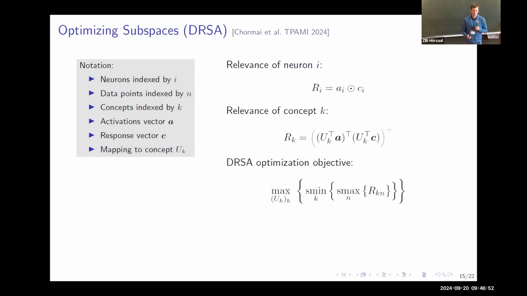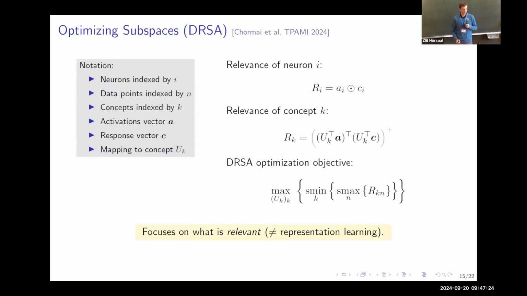So you have this nesting of max and min. The first one serves to try to align the subspace with the tails of the relevance distribution. And the second one will try to balance the load between the different subspaces. And in practice, this S min and S max, we choose them to be some generalized means, one which is essentially the L2 norm, and the other one being the L0.5 norm, if I can talk like that.